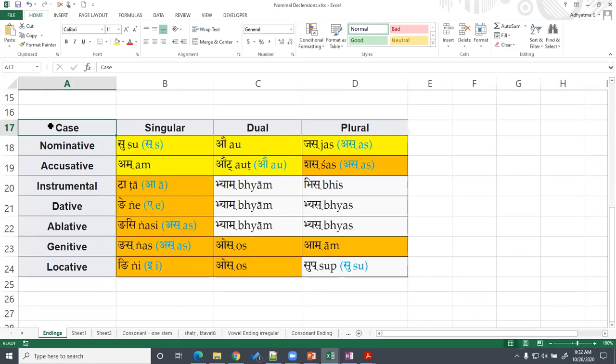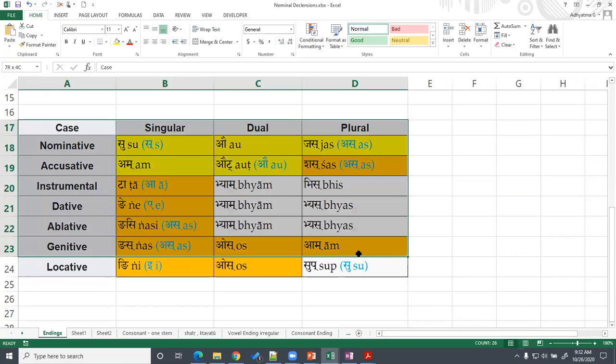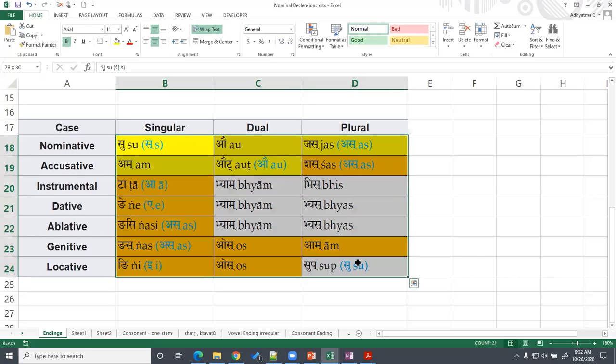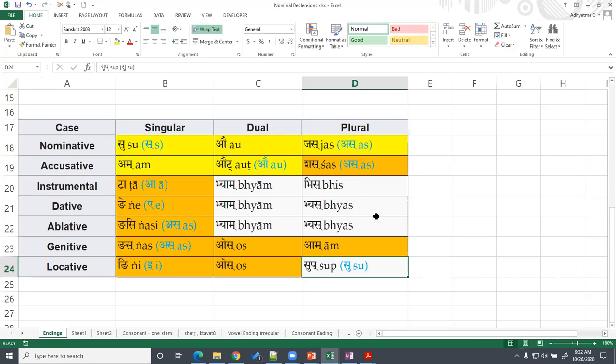For all the nominal forms, Panini has given a single table of suffixes. Without any exception, all the nominal forms and pronominal forms use this set of suffixes to derive them. And then there are rules. That's quite an amazing thing.